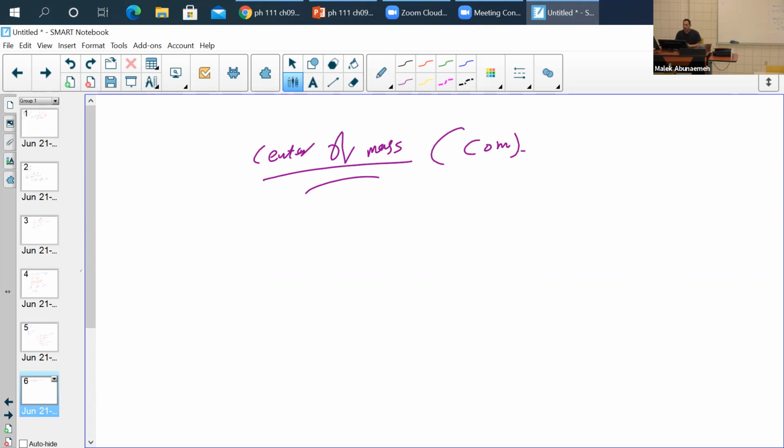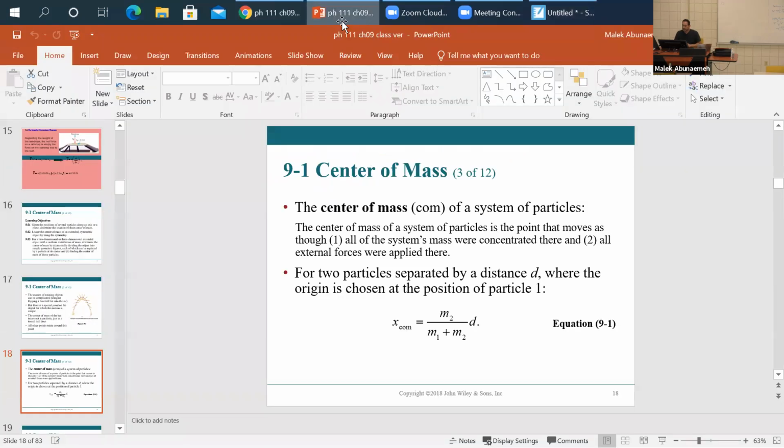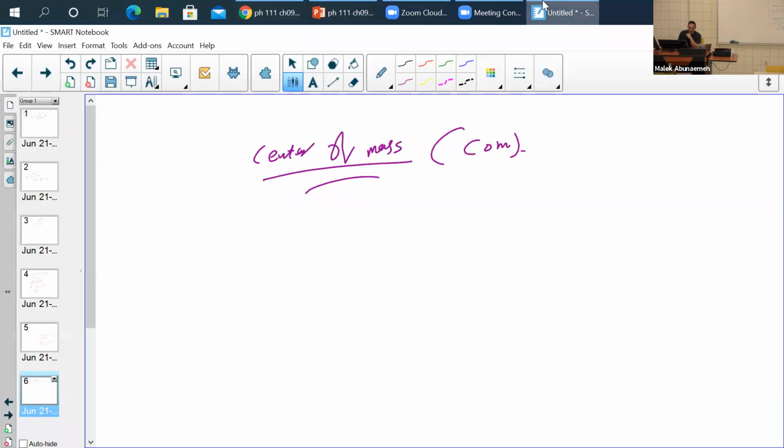So for two particles that are separated by distance d, where the origin is chosen at the position of particle 1, your center of mass is going to equal m2 over m1 plus m2 multiplied by the distance between them.